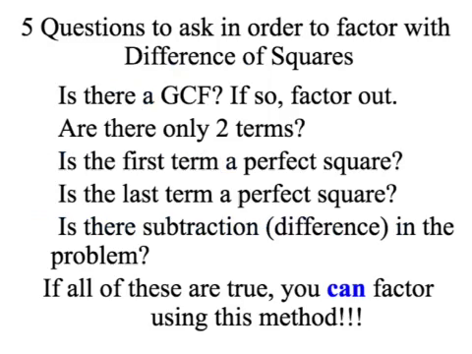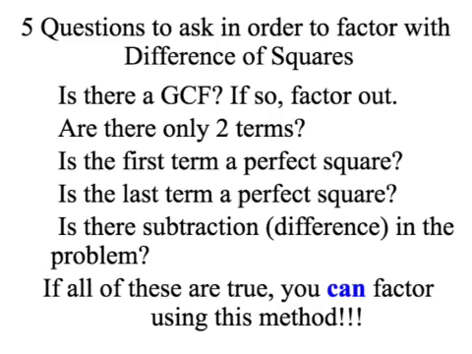There are 5 questions you need to ask yourself in order to factor with difference of squares. The first thing is, is there a greatest common factor? That's the first thing you have to look for. If so, you need to factor out your GCF. Second question is, do you have only 2 terms? If you have 2 terms, is the first term a perfect square?